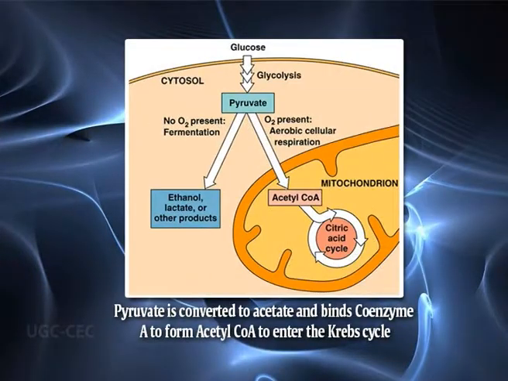Once the pyruvate product of glycolysis is moved to the mitochondrial matrix, the pyruvate is converted to acetate and binds coenzyme A to form acetyl coenzyme A to enter the Krebs cycle.